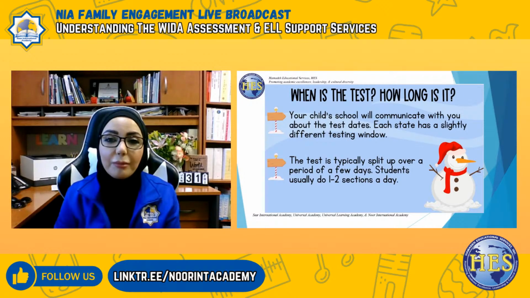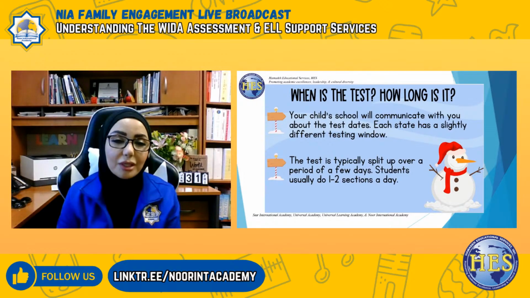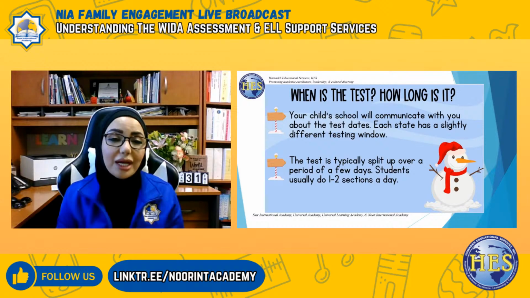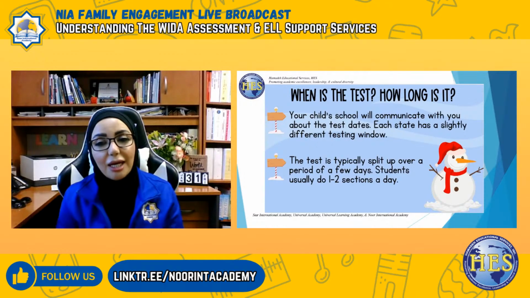Again, a little bit more about when and how long the assessment is. We will identify specific days and times in which you can anticipate your student to be assessed.